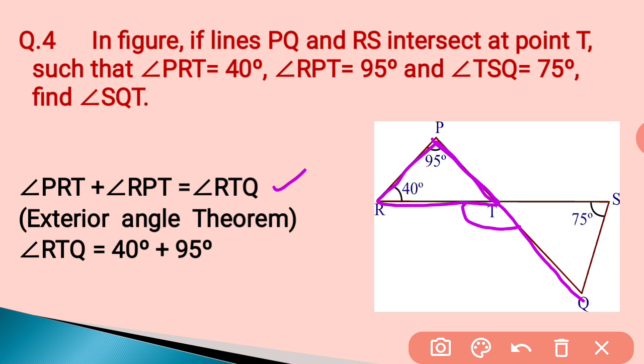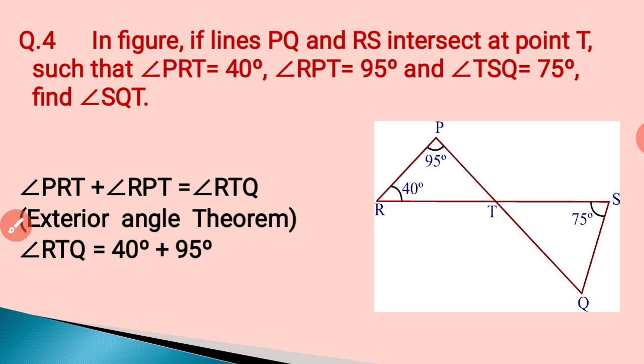So we can easily get the value of angle RTQ. Once we get RTQ, then we are going to consider the second triangle. So let us find out quickly the value of RTQ. Because we have used exterior angle theorem, here we get the measure of angle RTQ to be 135 degrees.